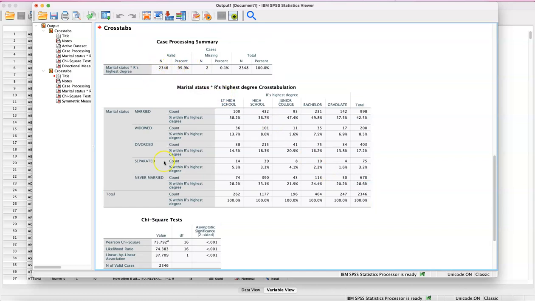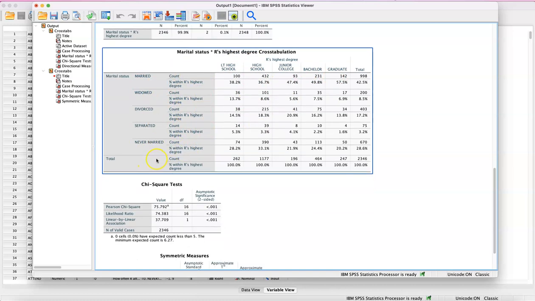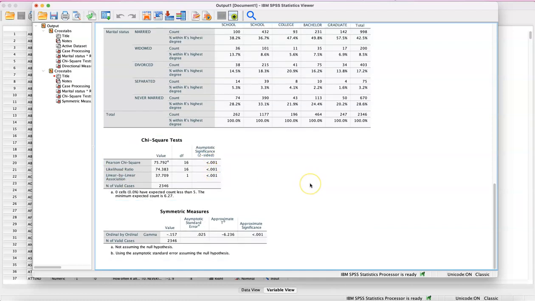2,346 cases, not very important in this part. Based on the level of education, there are some variations in marital status. The Pearson chi-square value is 75, and the p-value is below 0.05, which means there is a statistically significant association between education and marital status. For ordinal and ordinal variables we use gamma, but as one variable is nominal, it is not meaningful to measure the direction.